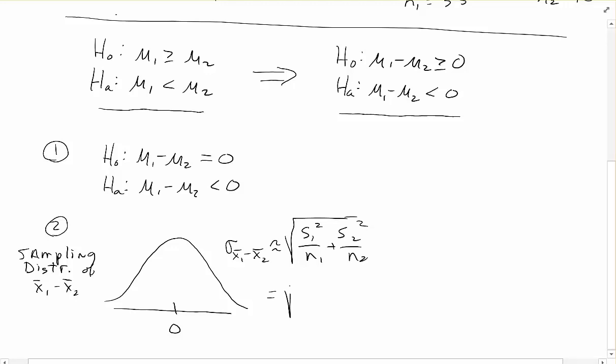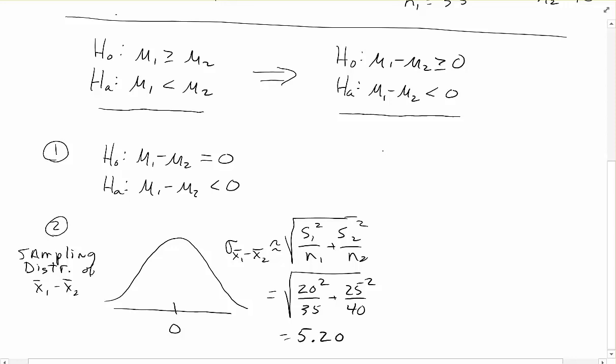For us, that would be the square root of 20 squared over 35 plus 25 squared over 40. And that turns out to be 5.20.